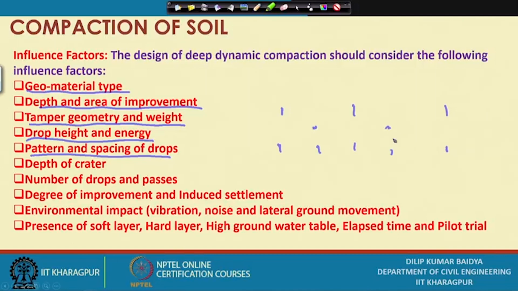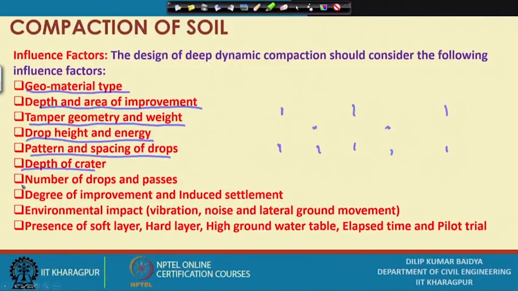So, there are different ways we can place the load, and accordingly your effectiveness will change. Depth of crater, how much it is going, number of drops and passes. How many drops you are giving, that also affects the effectiveness of compaction.